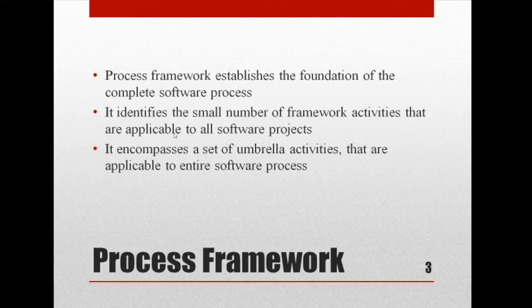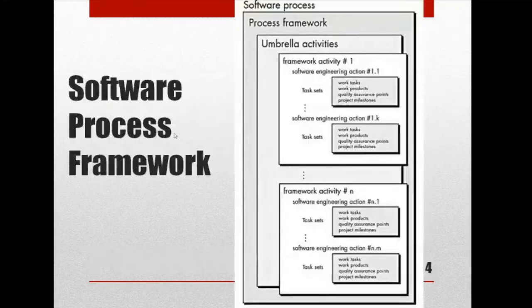Let us discuss with the help of a diagram. This is the diagram. As I told, you have a software process, and you have developed a software process framework. That process framework consists of many umbrella activities, many framework activities, many software engineering actions, and many task sets.